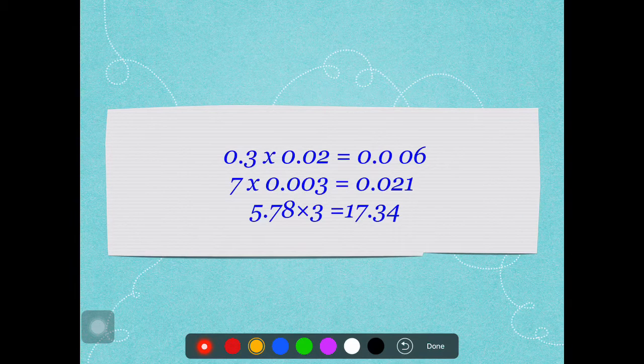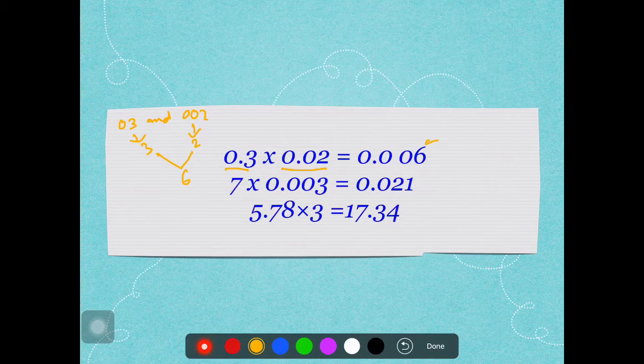0.3 into 0.02. Here you see, if we delete the decimals, we have 03, that is equal to 3, and 002, that is 2. Okay, 3 and 2, right? Now if we multiply 3 by 2, we get 6. And now I have written 6 here.